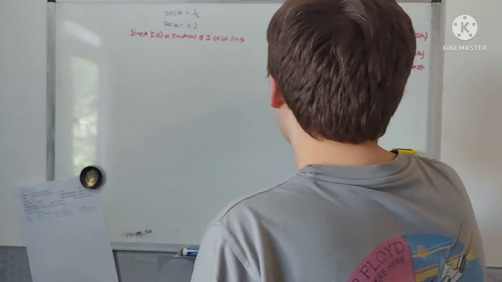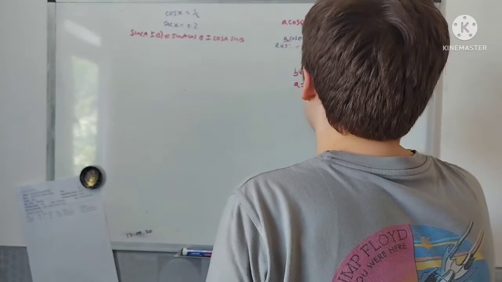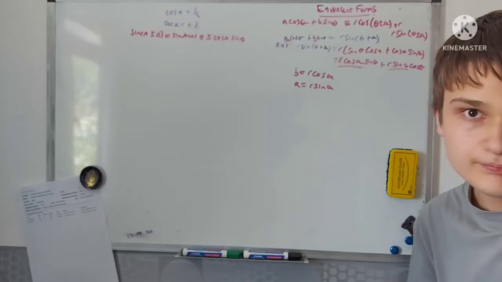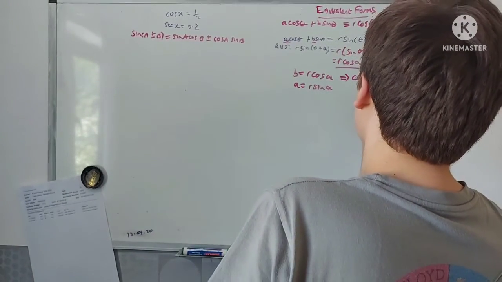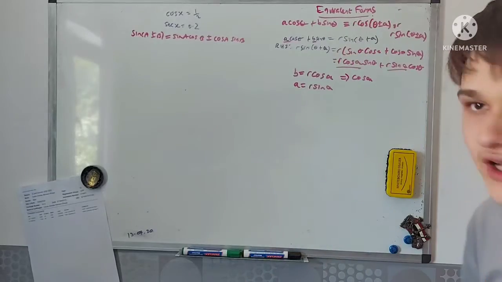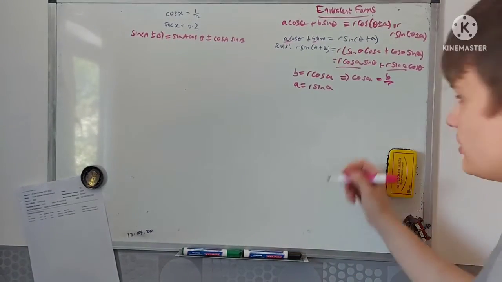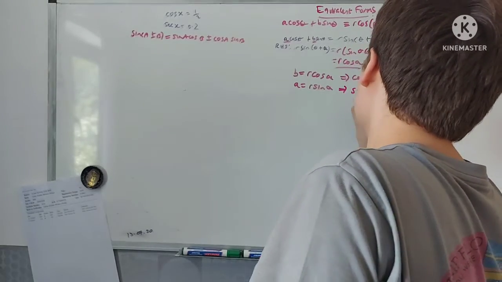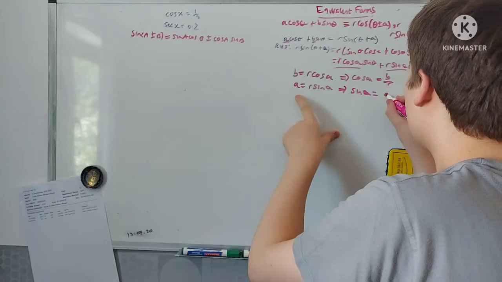Then a is equal to r sine alpha. So cosine alpha is the same as b divided by r, and sine alpha is a divided by r.